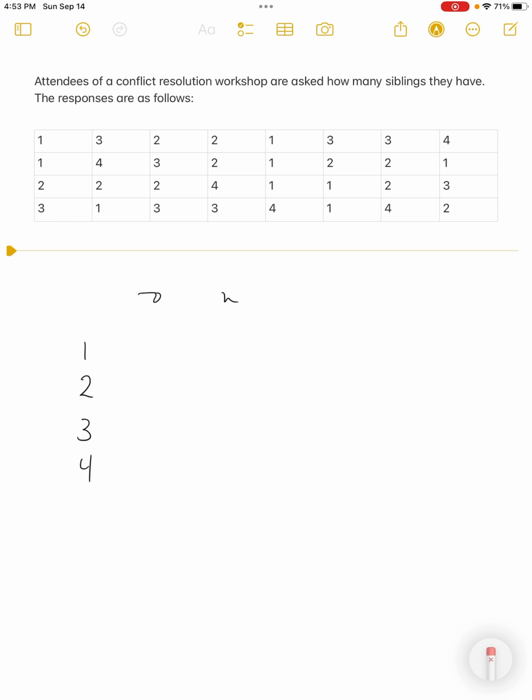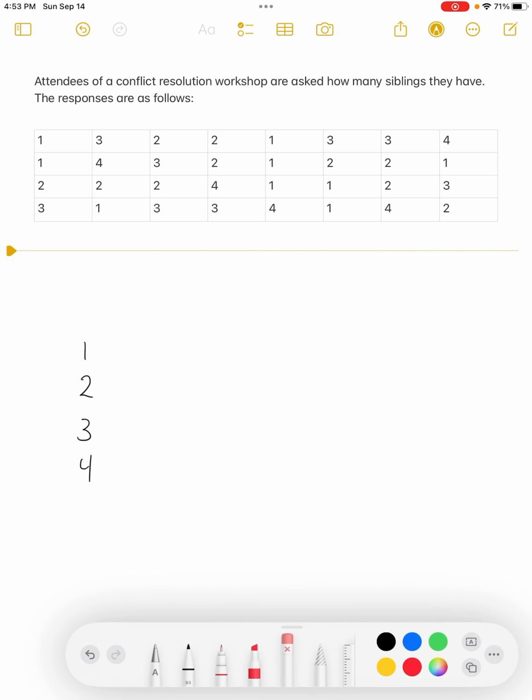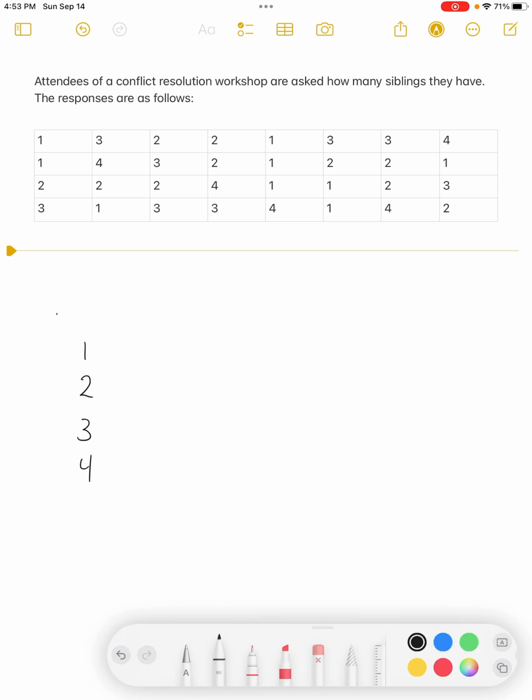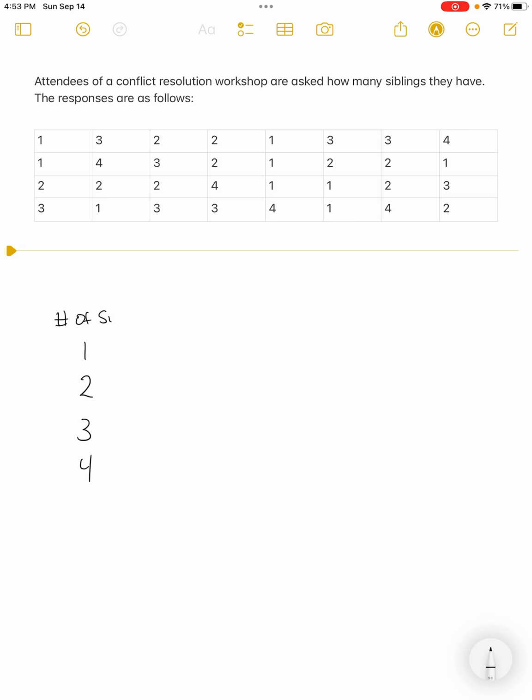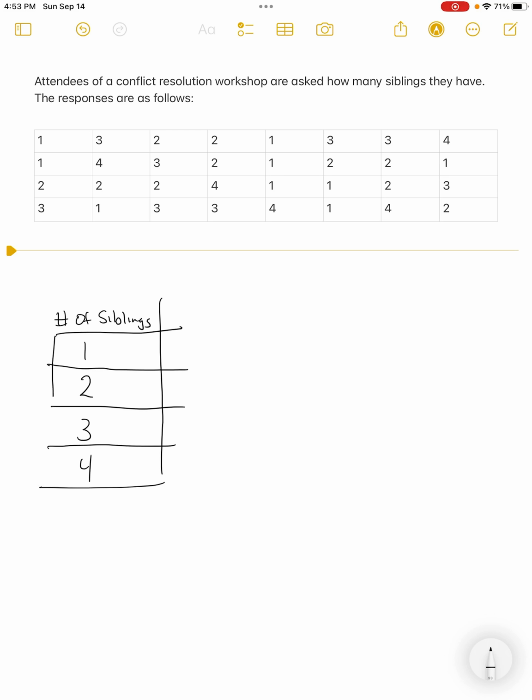So in this case, let me erase low to high since you have that in your notes. I'll go right above here and say number of siblings, because that's what our data was. So the number of siblings was 1 sibling, 2 siblings, 3 siblings, 4 siblings. Why am I stopping at 4? Because nobody said more than 4. So we don't have a frequency distribution that extends beyond our data. Second column is always F for frequency.